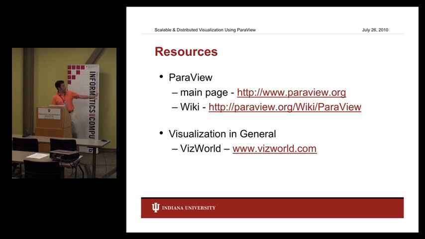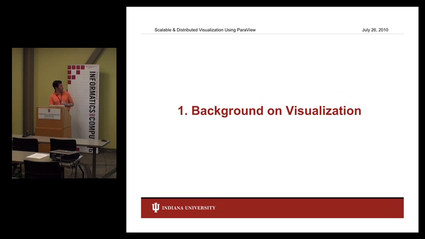And if I did want to throw out one URL that's a nice one for visualization in general, it's visworld.com. That's only been live for about a year now, but it takes visualization very broadly defined, and it incorporates things like computer graphics, rendering, computer graphics hardware, all sorts of applications in science and information visualization and so forth. It also has some ways to filter out just the information that you're interested in. So be sure to check that out.